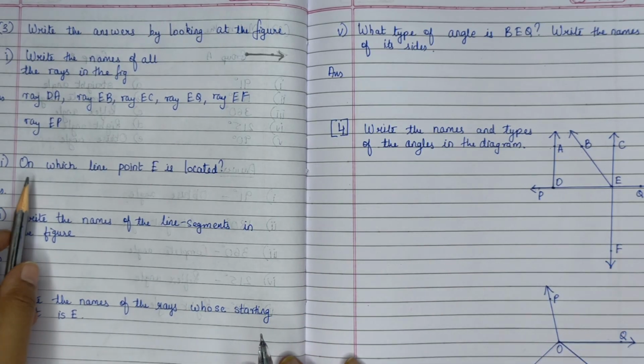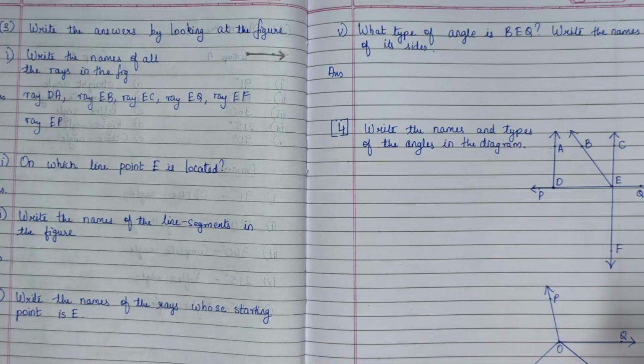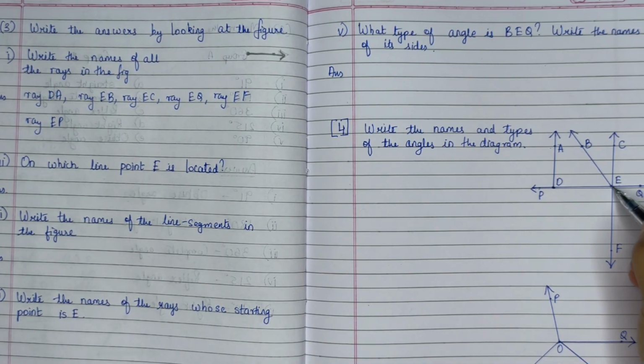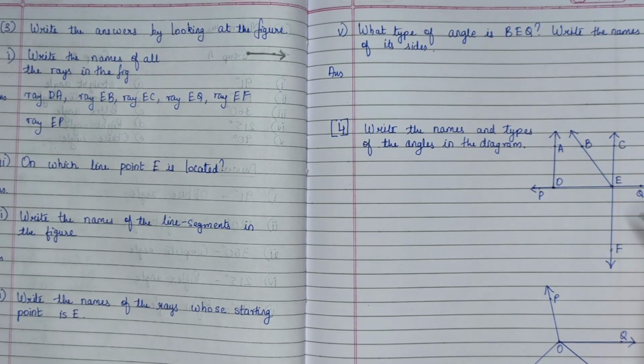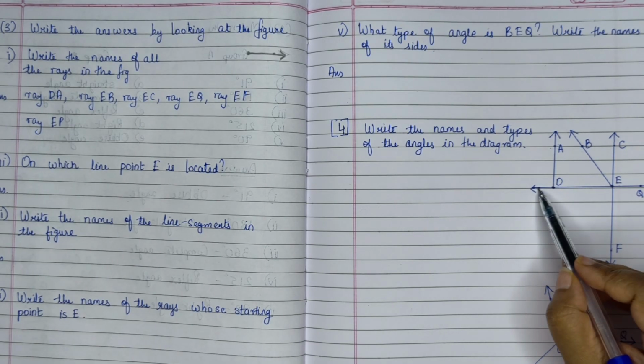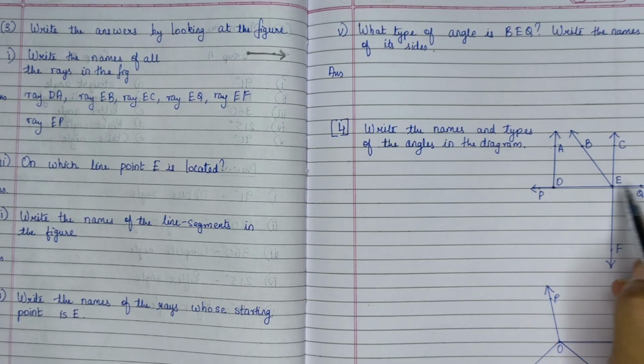Now see the second one: on which line is point E located? Here you can see there is point E. You can say it is located on line CF, and E is also located on PQ. Understood? On both the lines.